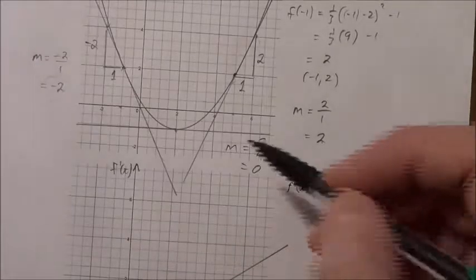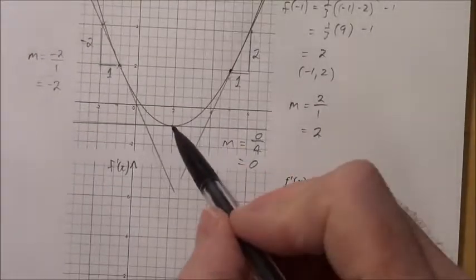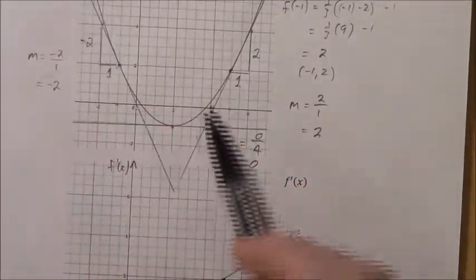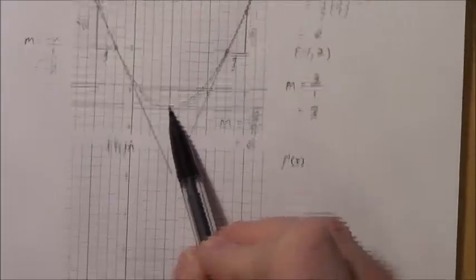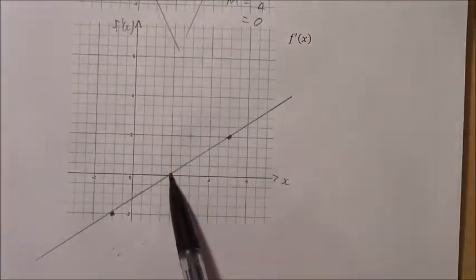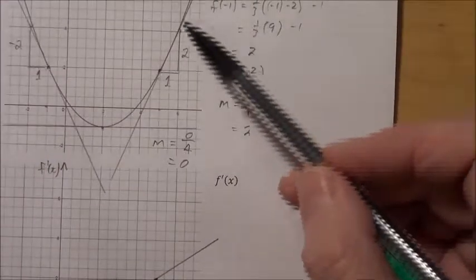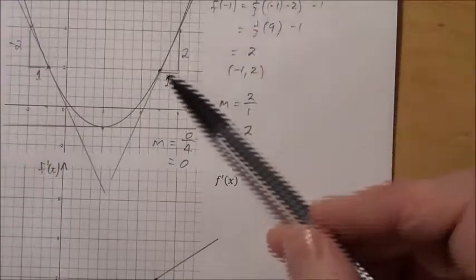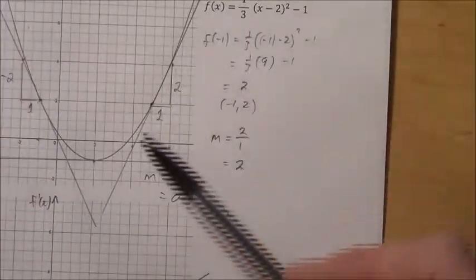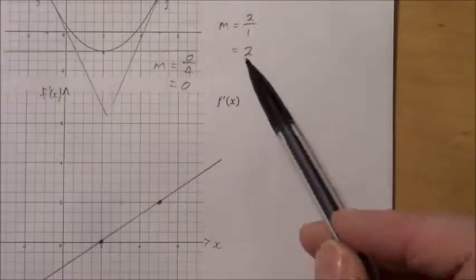Notice that where the gradient of the original function is 0, that's exactly where the gradient function crosses the x-axis, at 0. The sign of the gradient over here to the right of the vertex is positive, that's positive 2.